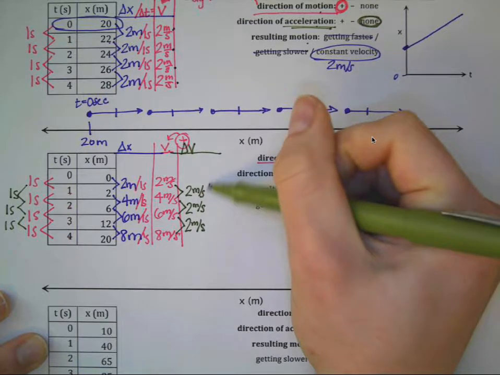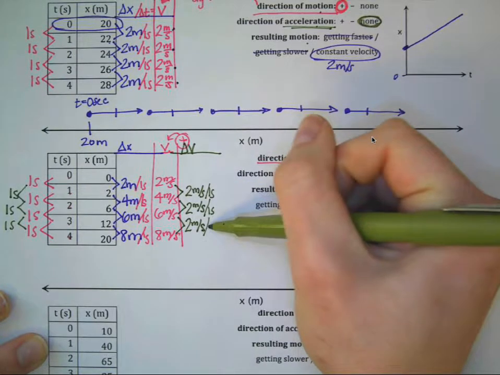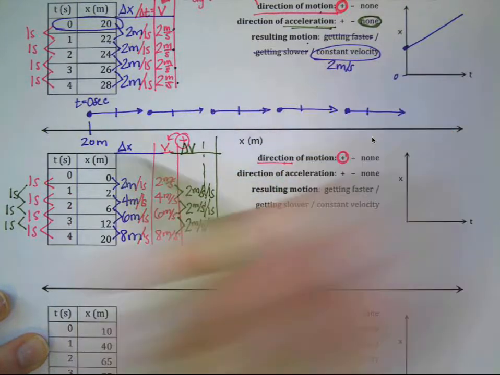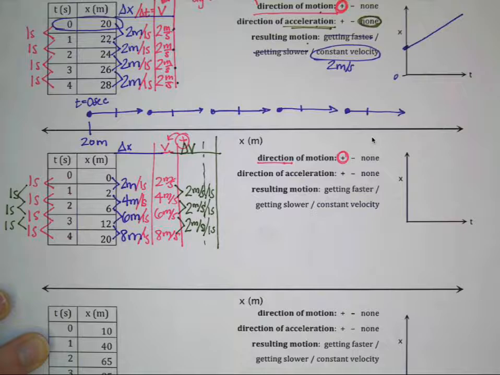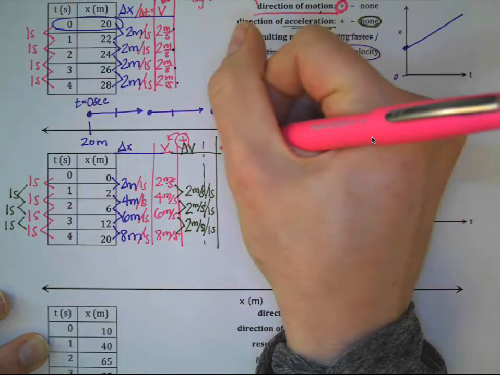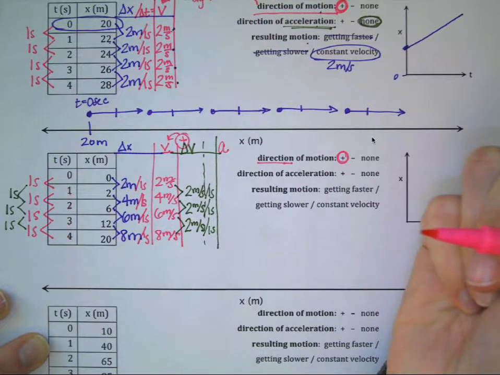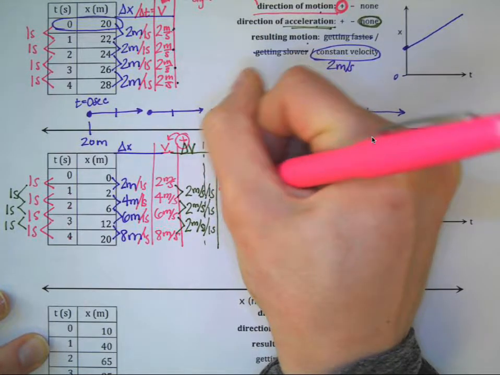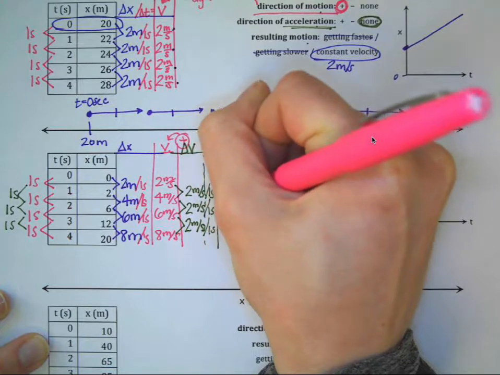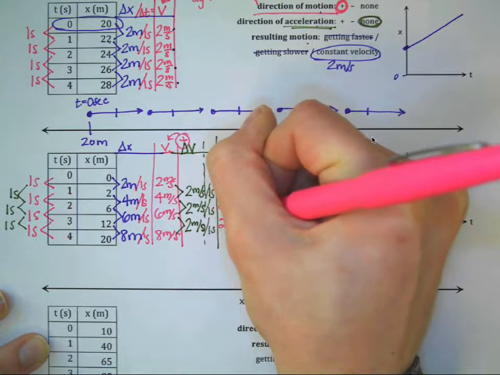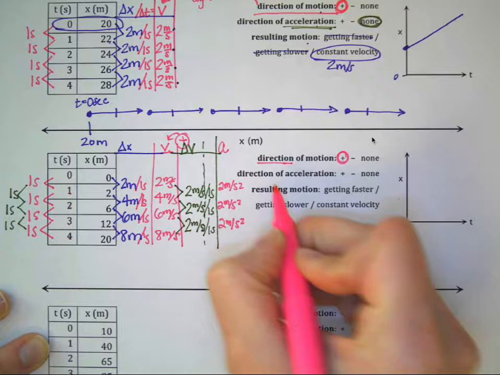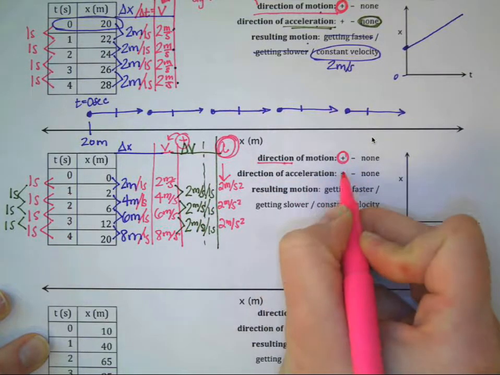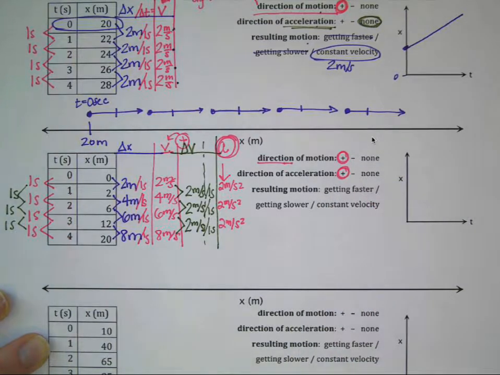So if I divide this by 1 second, I can now show that I have a change in velocity over change in time, which is my acceleration, of 2 meters per second squared, 2 meters per second squared, and 2 meters per second squared. Because this value, my acceleration, is positive, my direction of acceleration is positive as well.